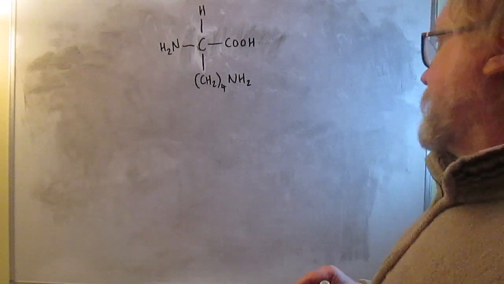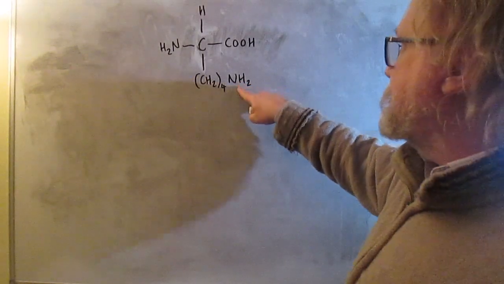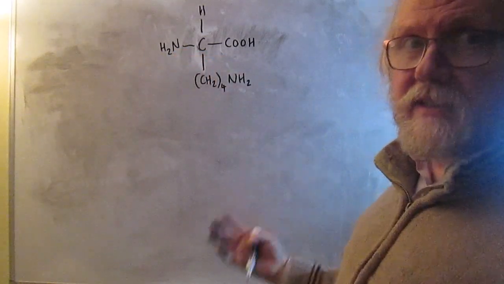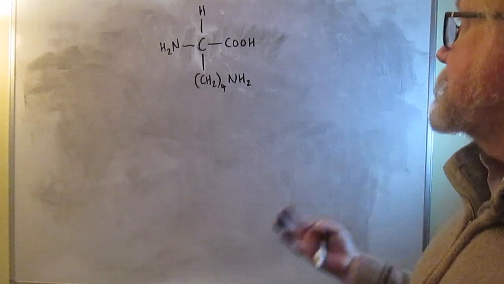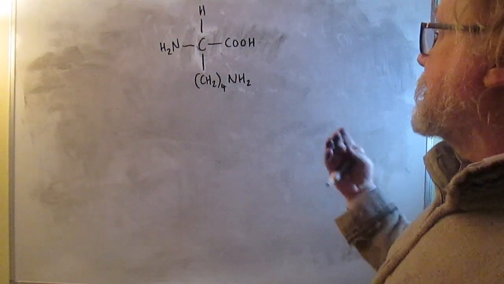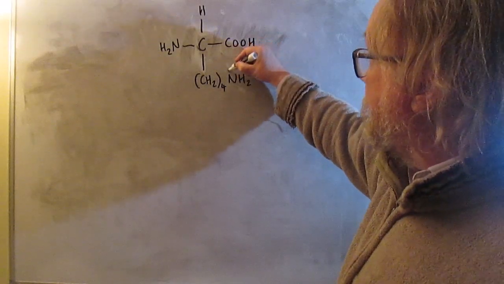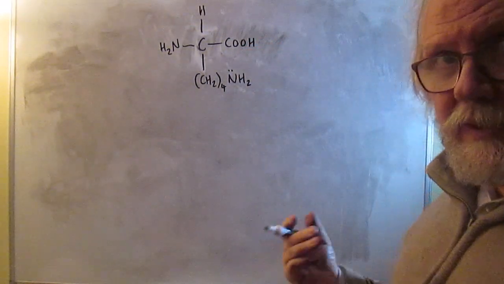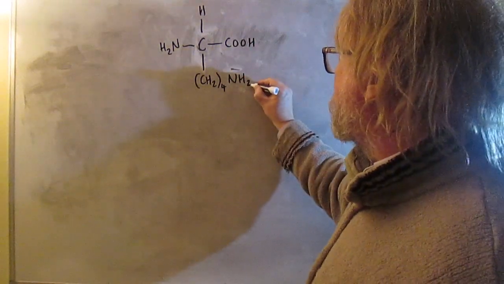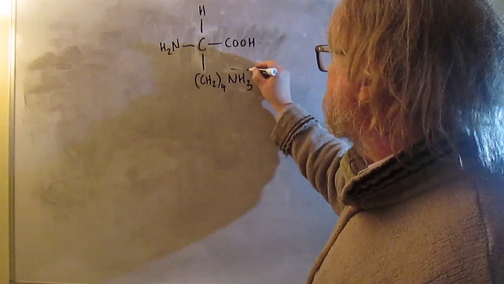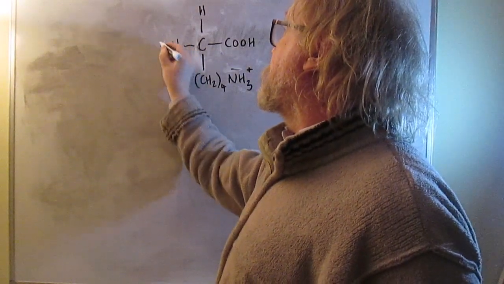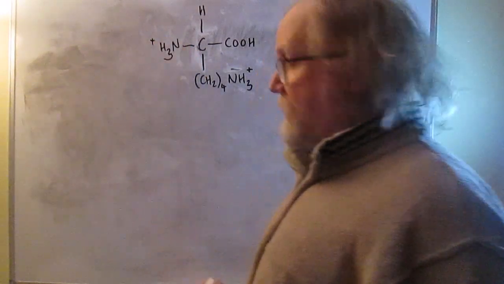And that's the case here, as you can see, because you have two amino groups, and amino groups are bases, so that if you add acid they will simply react to form a salt. So all that happens if you add HCl, remember that the lone pair on the nitrogen picks up H plus from the acid, so NH2 becomes NH3 plus, and the same here, that NH2 becomes NH3 plus.